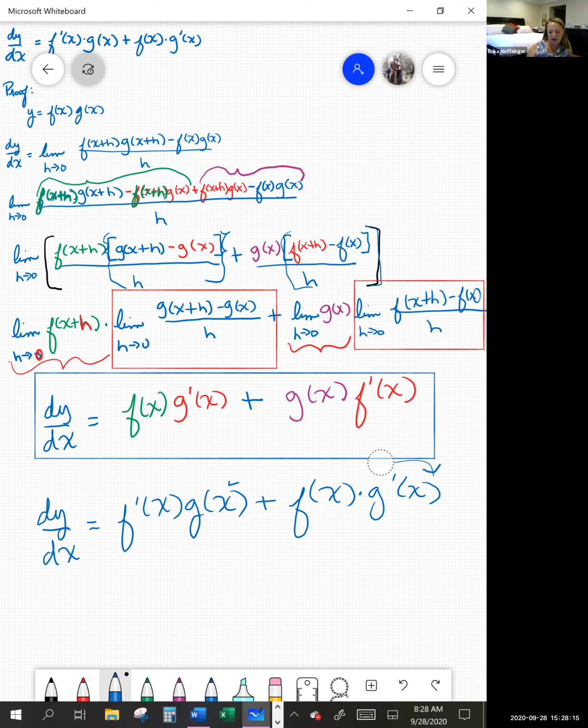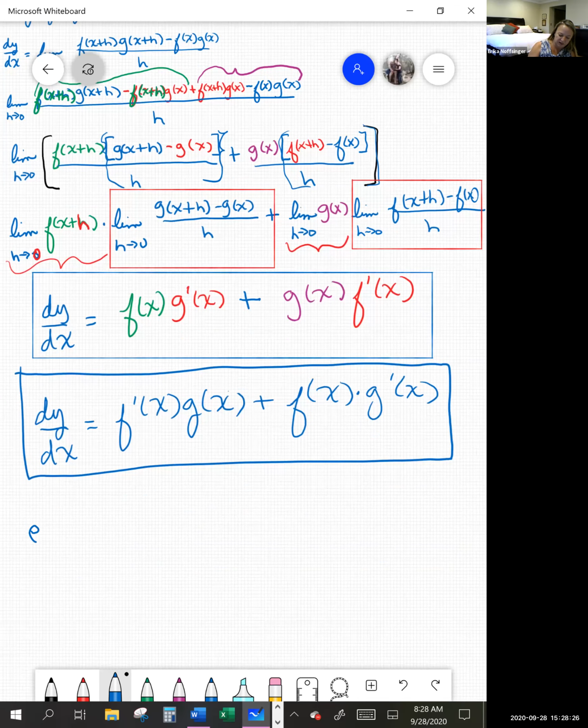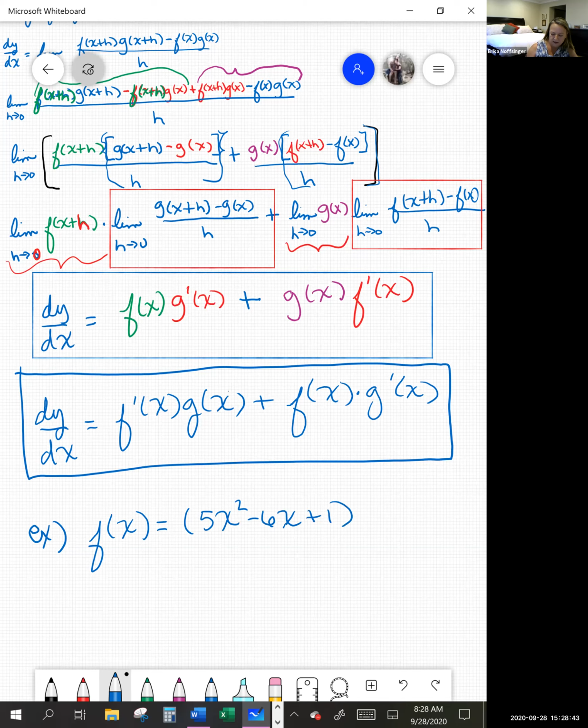So we can apply this to find the derivative if we have a product of two different functions. And so notice, let's look at an example similar to the one we did today. So if we had f of x is equal to 5x squared minus 6x plus 1 all times 2x plus 5.